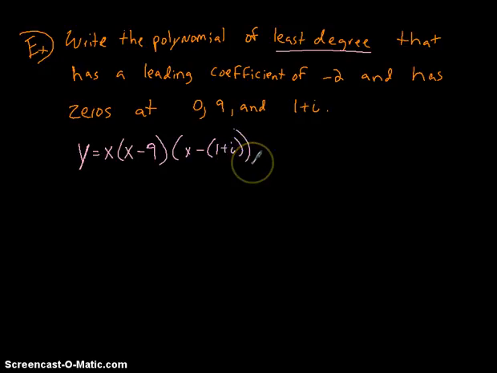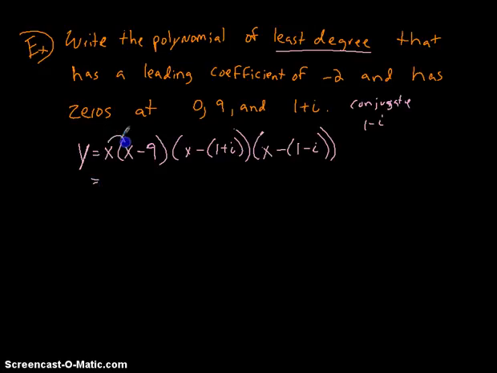And what we just talked about was if 1 plus i is a solution, its conjugate is also a solution. The conjugate of 1 plus i is 1 subtract i. So it's also a solution. So x subtract 1 subtract i, and then x subtract 1 plus i, with the sign changed on the conjugate.